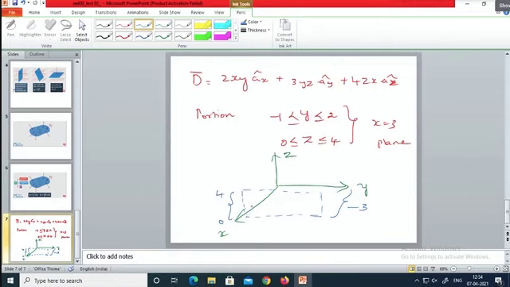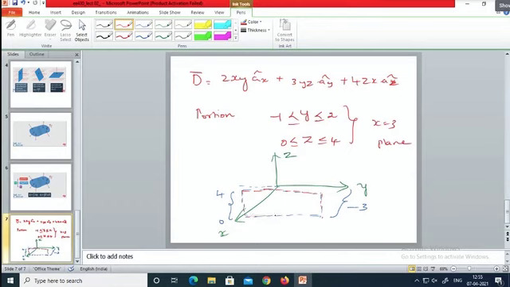And y is -1 to 2, so -1 on the negative y-axis and 2 on the positive y-axis. So you are getting a small surface like this.